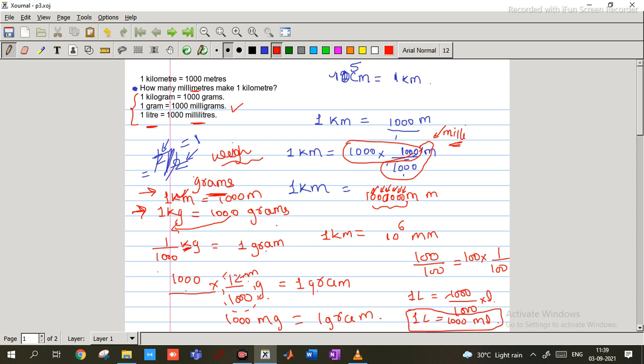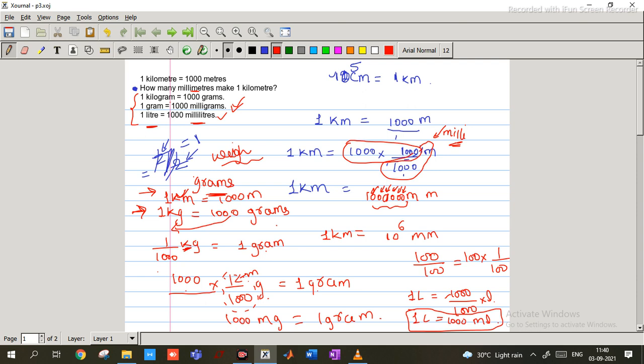So likewise you can do such calculations, but there is a difference in the units. When we measure in kilometers, it signifies distance. When we measure in kilograms, it signifies weight, and when I measure in liters, it also signifies weight.